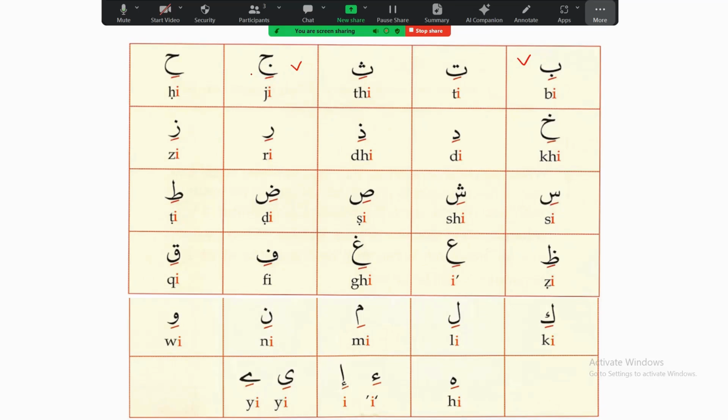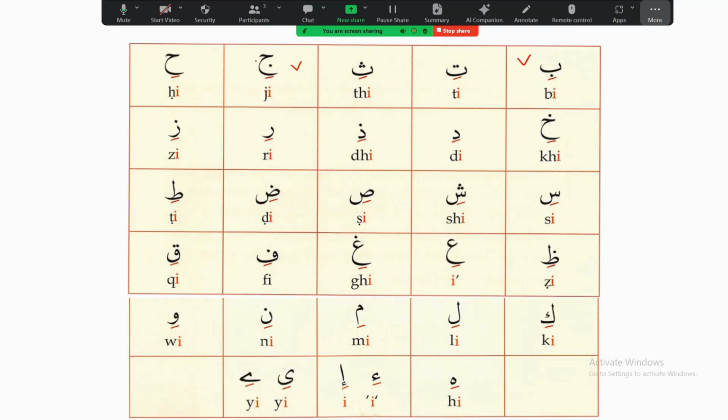All of these sounds are not supposed to be there, but rather you are supposed to use only the middle portion of your tongue. You are supposed to raise the middle portion of your tongue towards your palate and touch it with your palate a little. So you say ji, ji.